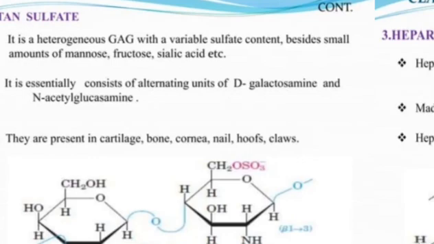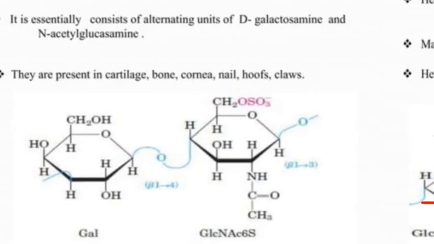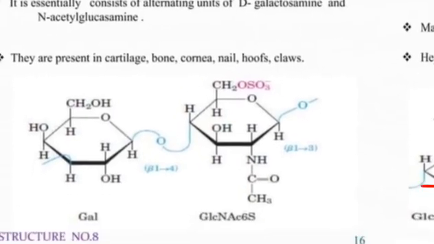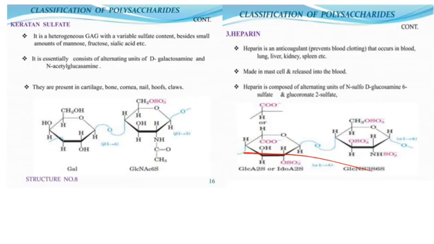They are present in cartilages, bones, cornea, nails, hoofs, and claws. Look at it here: galactosamine and N-acetylglucosamine. The linkages are beta-1,4 and also beta-1,3. So the two glycosidic bonds here are the beta-1,4 glycosidic bond and the beta-1,3 glycosidic bond. See the sulfate group? That is why it is called keratan sulfate.